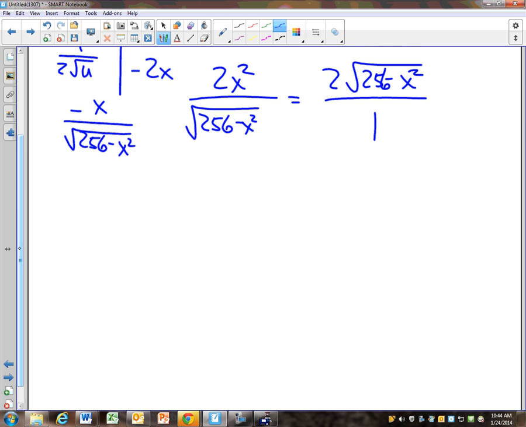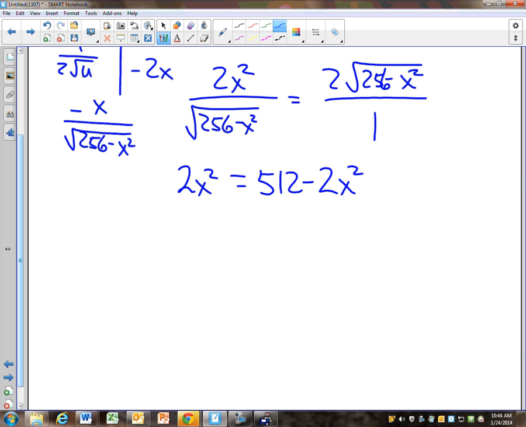Let us multiply. 2x squared times 1? 2x squared. Root of 256 minus x squared times root of 256 minus x squared is 256 minus x squared, distribute your 2 through and you get 512 minus 2x squared.